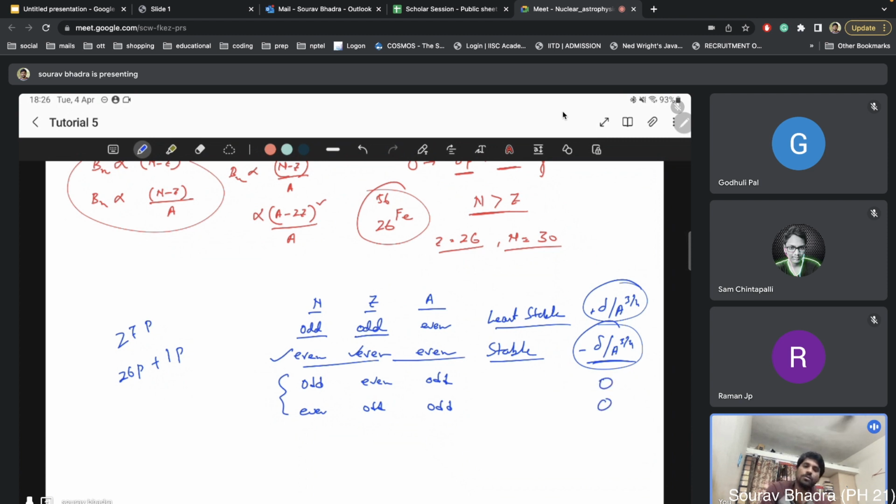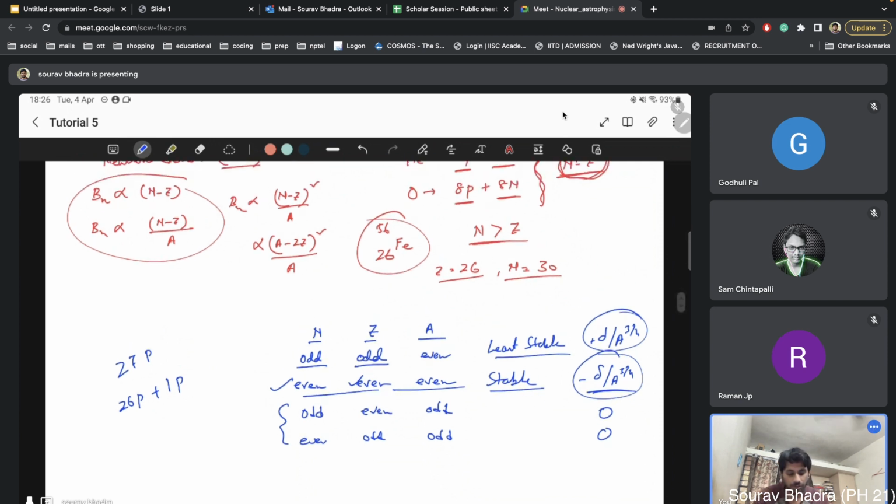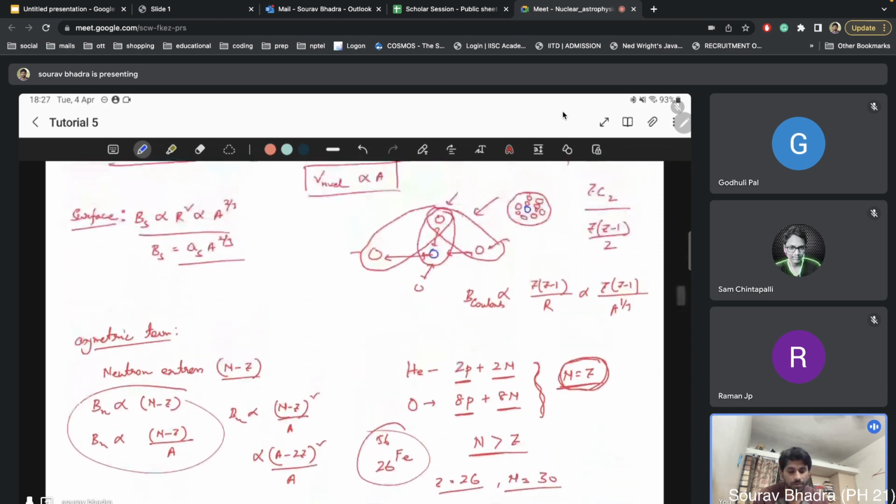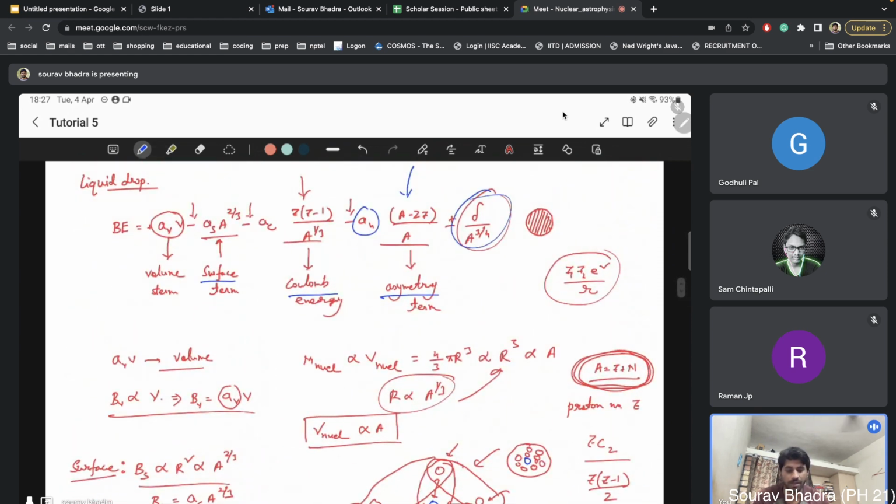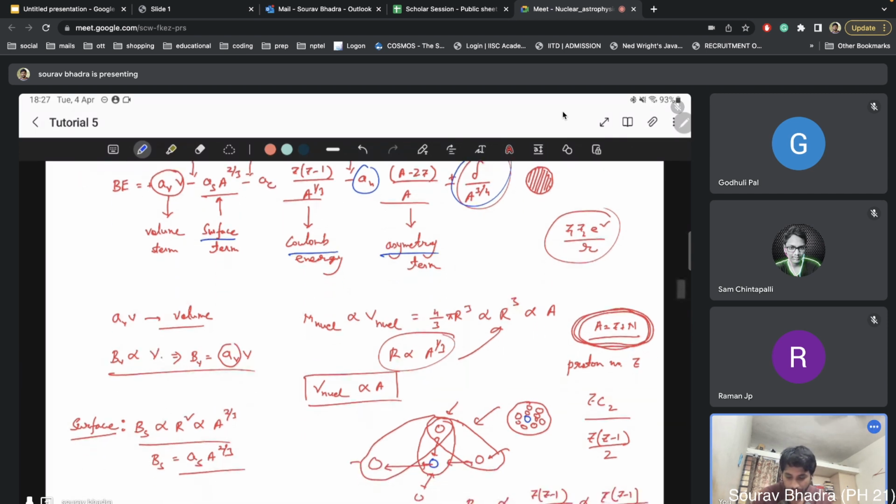So the last term will depend on the proton number and neutron number. If it is this configuration, then there will be no such term. That's why I treated this term separately, because it does not come into every calculation of binding energy. Depending upon the property of the nucleus, it will be there or it will not be there. So these were the main terms.